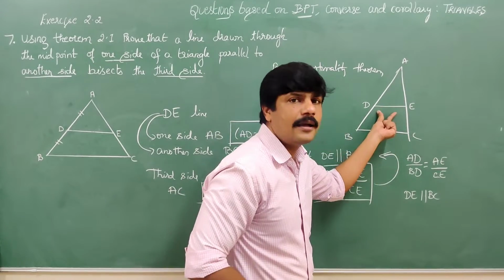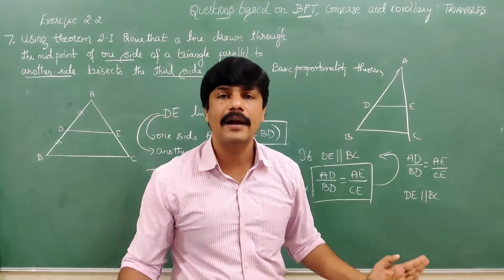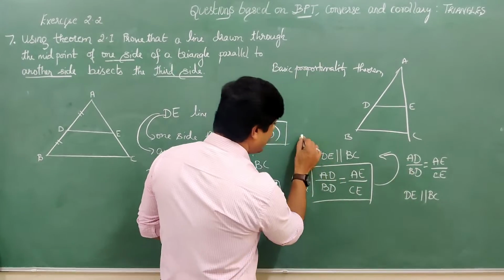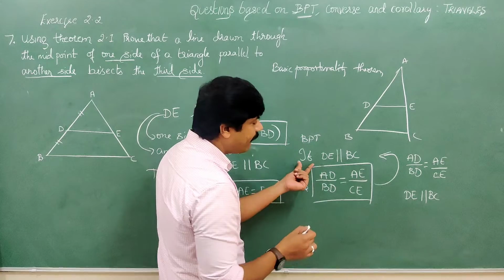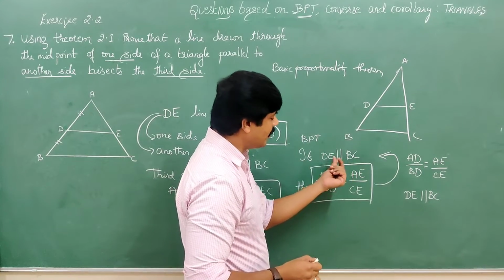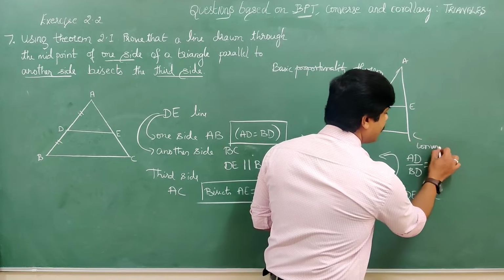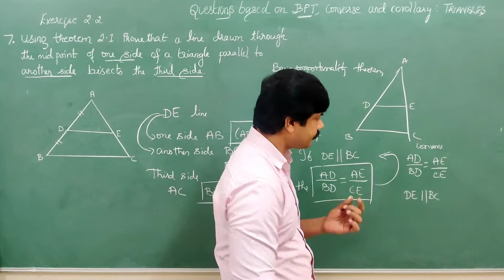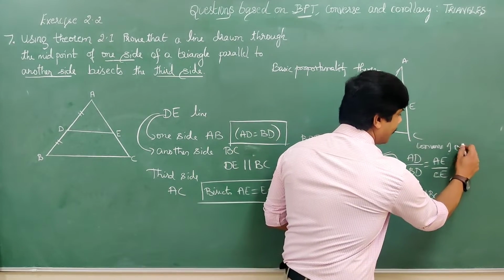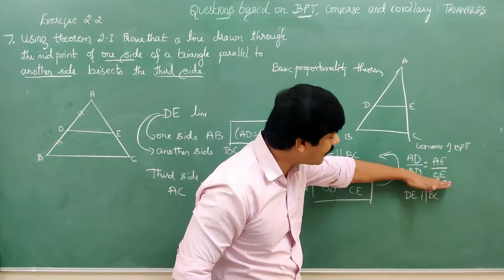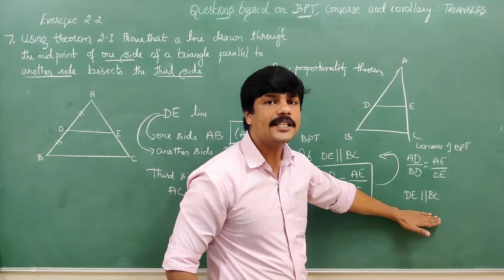If it is not parallel to BC, then it will not divide the other two sides in the same ratio. This is the converse. This is BPT. In the BPT, if DE is parallel to BC, then this is the condition. In the converse of BPT, if the line divides the other two sides in the same ratio, then the line is parallel.